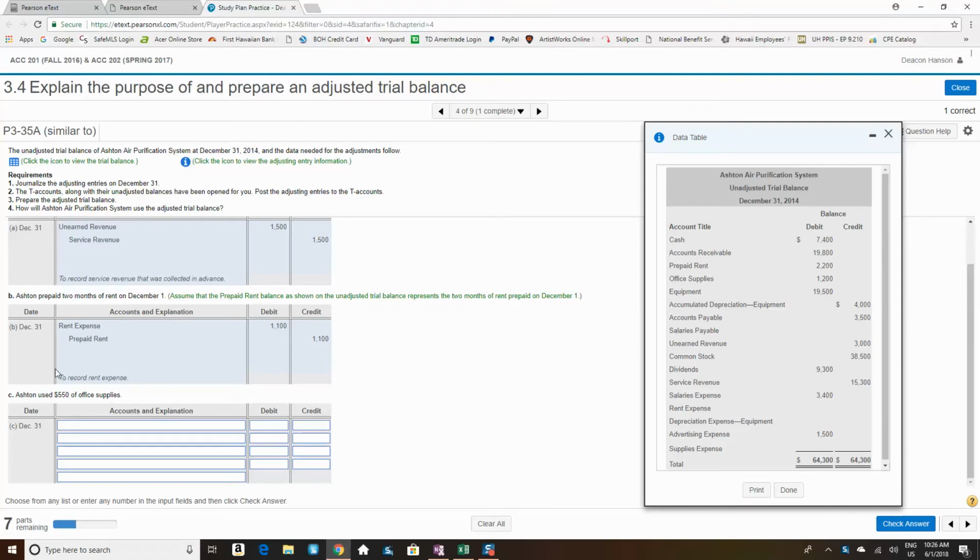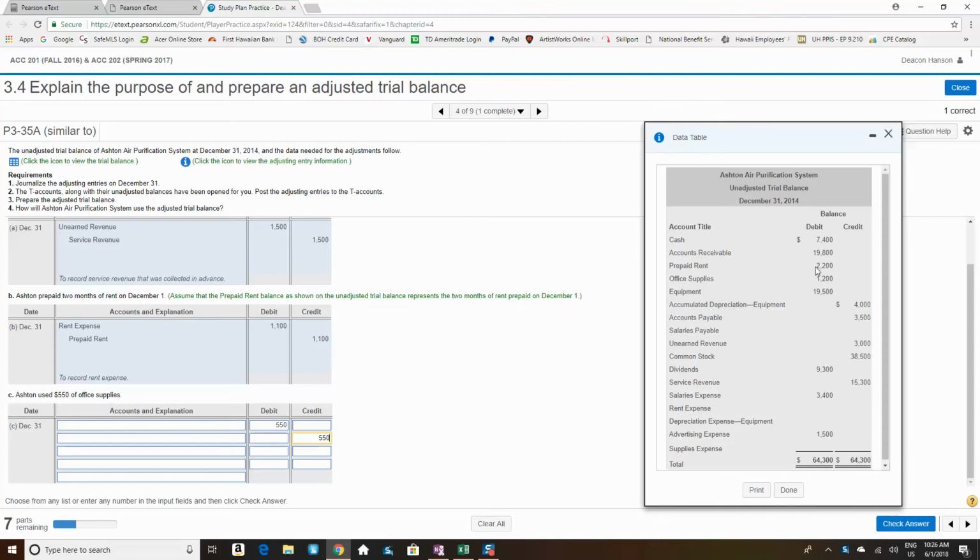They said that we used up $550 worth of office supplies. Well, come over here. Let's look. See, your office supply account is sitting at $1,200. We're going to reduce the office supply asset account by $550.